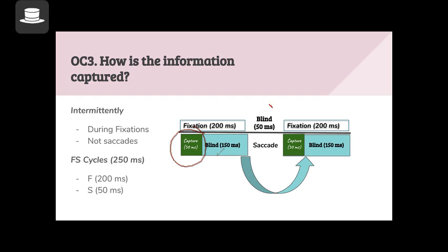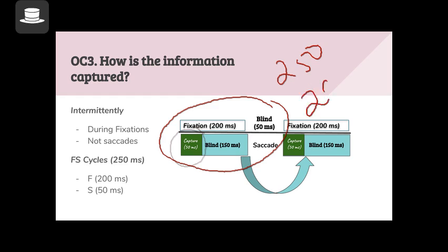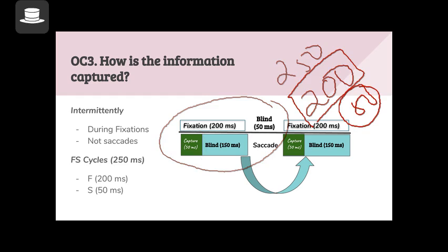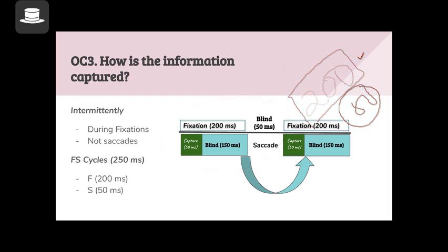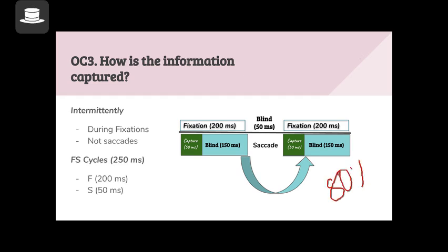So if you take one cycle of 250 milliseconds, you're only capturing information during 50 milliseconds, and for the remaining 200 milliseconds, you are blind. So in one SF cycle, for how long is your system blind? For 80% of the time. 200 milliseconds of 250 milliseconds, you're blind.